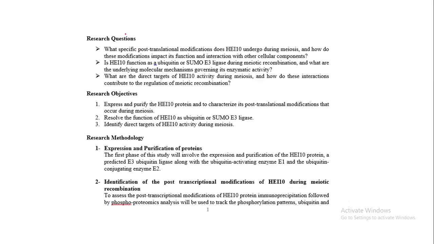Okay, the next section is research questions. Here you can clearly see that I have transformed the aims or the purpose of my work into questions: why I planned this work, and what I want to check through this work. The next section is research objectives, and here I have again listed the aims or the objectives of my study, not in question format, but in sentence form.